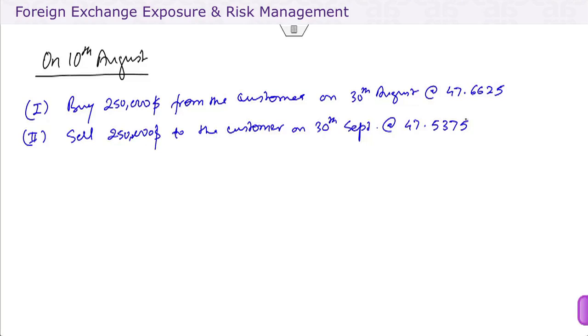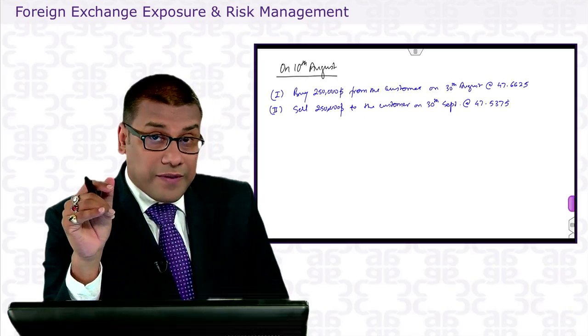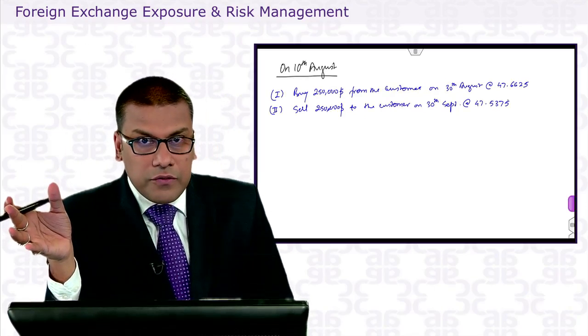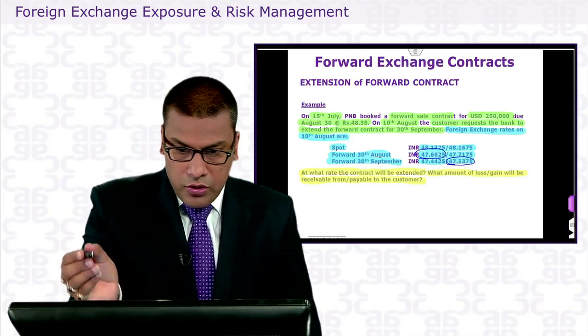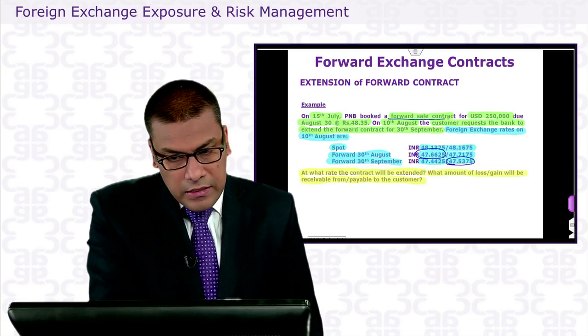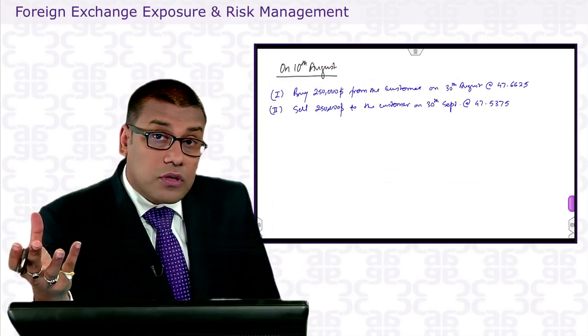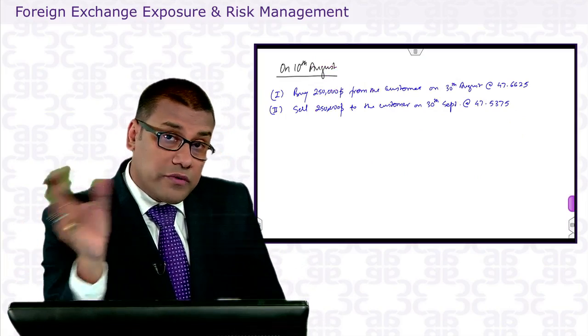This would happen on 10th of August when the customer has come requesting cancellation. You have entered into an original contract maturing on 30th of August, and in this question the contract was a forward sell. So the bank has entered into an obligation to sell, and it needs to do a reverse transaction with the customer.